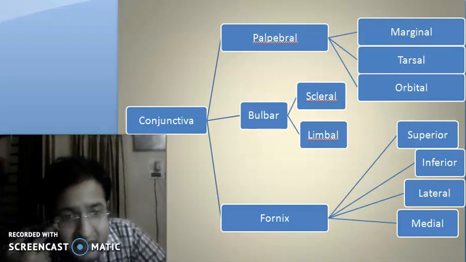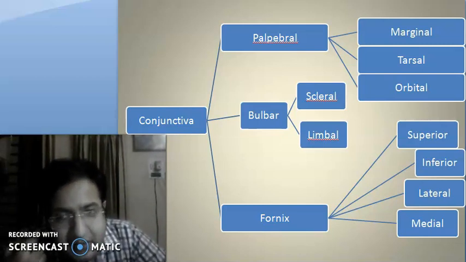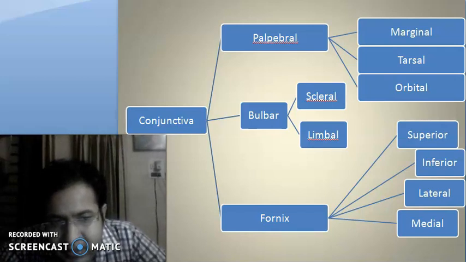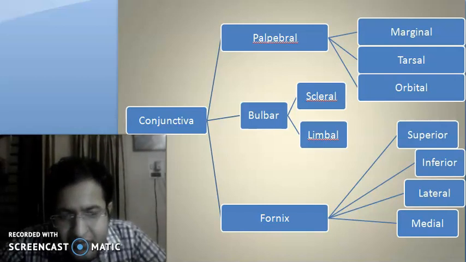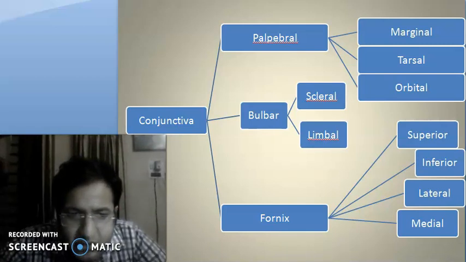The palpebral conjunctiva, which is behind the lids, is further divided into the marginal conjunctiva at the lid margin, the tarsal conjunctiva behind the tarsus of the eyelids, and the orbital part of the conjunctiva. The bulbar conjunctiva is further divided into the limbal part and the scleral part.